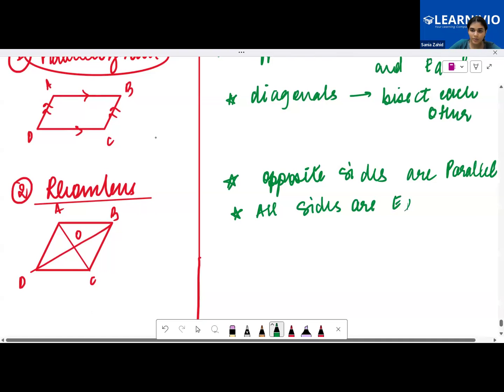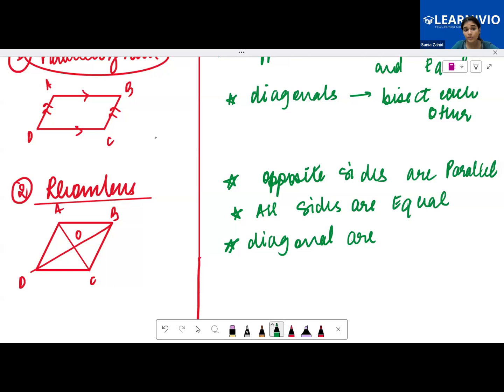Okay, Aswal, tell me about the diagonal. Diagonals are perpendicular to each other. Yeah, perpendicular bisector.